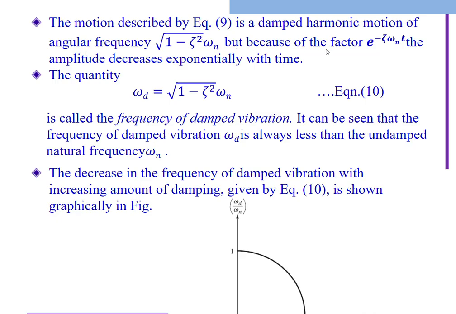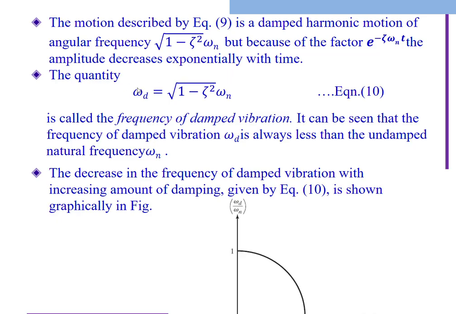But because of the factor e to the power of minus zeta omega n t, the amplitude decreases exponentially with time. Because of this exponential function, there is a lot of decrease in the amplitude. It will decrease in an exponential way.